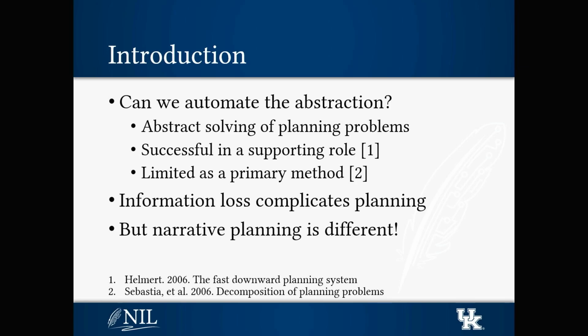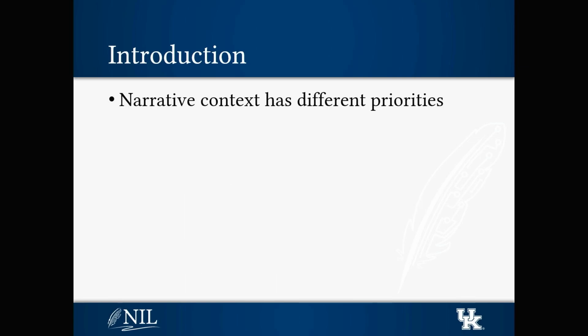But we shouldn't be too worried about this because narrative planning is really different. Narrative planning builds on the automated planning methods and representations, but the narrative context enforces different priorities.